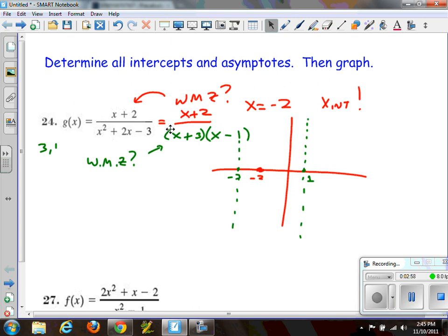What will that thing go to? That will go to 0. So because of these two most powerful terms, basically it simplifies to 1 over x. And if I plug and chug a big value there, that's clearly going to 0. So now I have an asymptote that is on the x-axis, that is y equals 0.